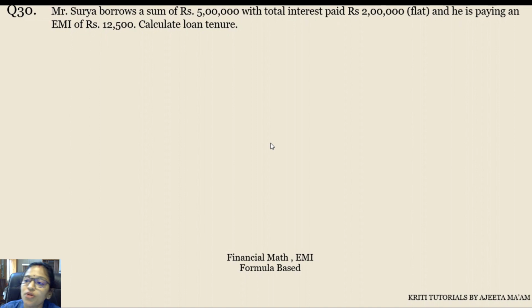Right, now what's the formula for the flat rate method? For the flat rate method, the formula is very easy. Now let's write the initials first of all. Right, it's always good to write the initials first. Now the total amount that he has taken from the bank is 5 lakh rupees.